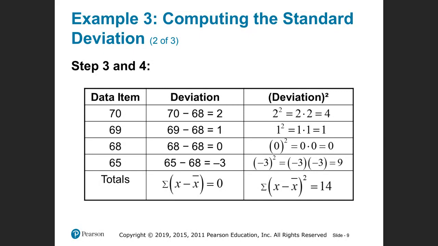Steps 3 and 4, we square each deviation. 2 squared is 4, 1 squared is 1, 0 squared is 0, and negative 3 squared is a positive 9. We then find the totals for the deviations and the deviations squared.